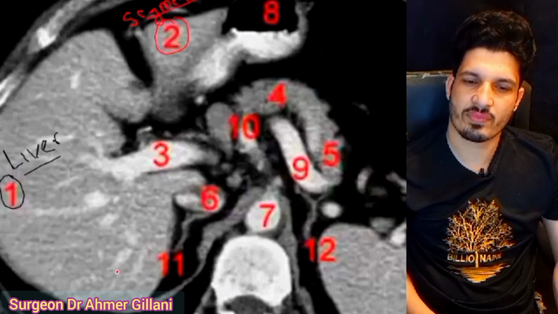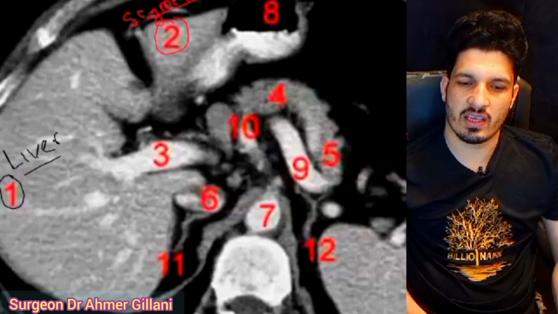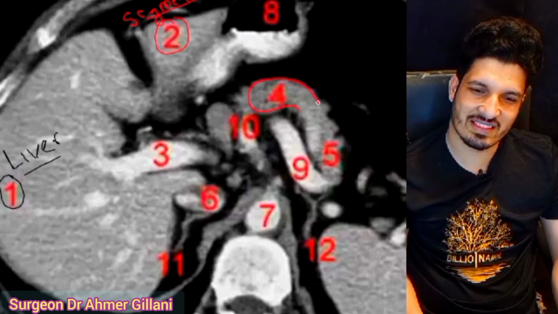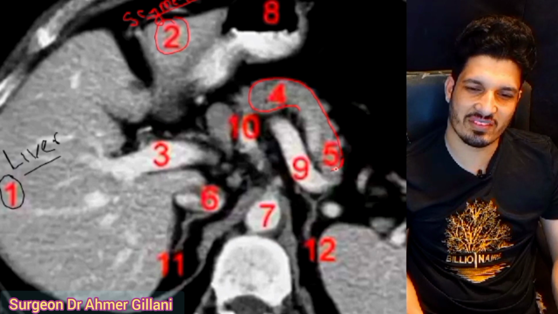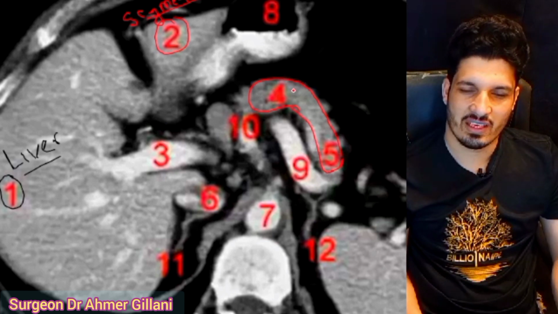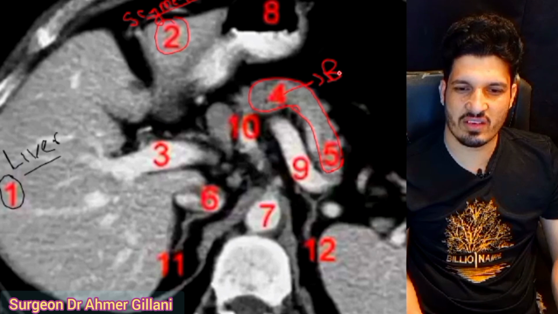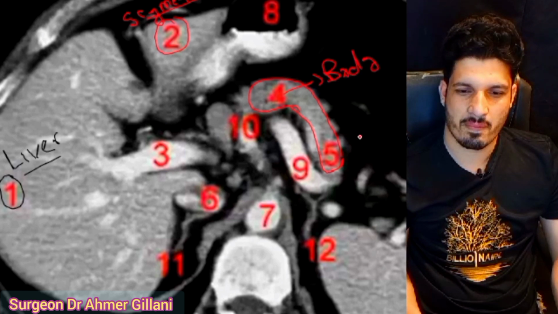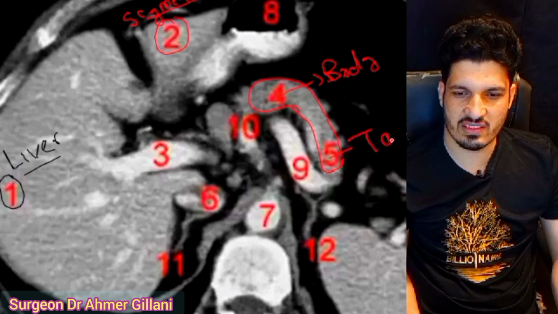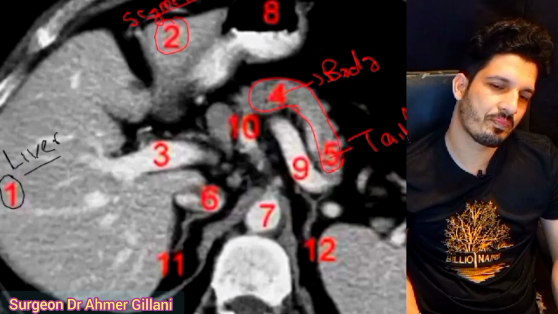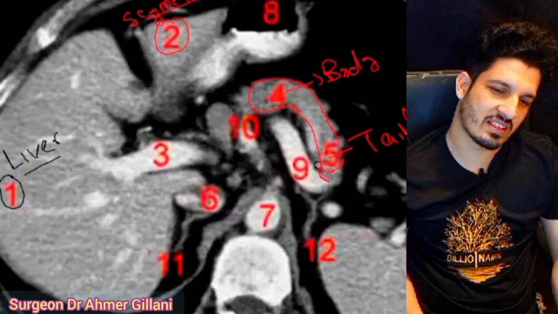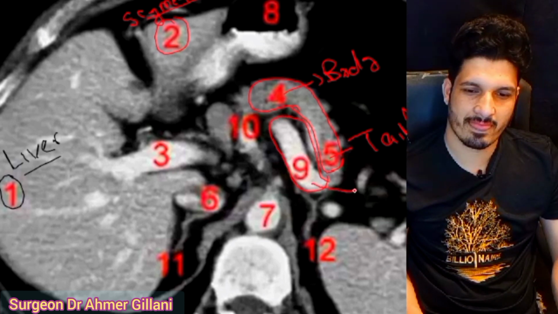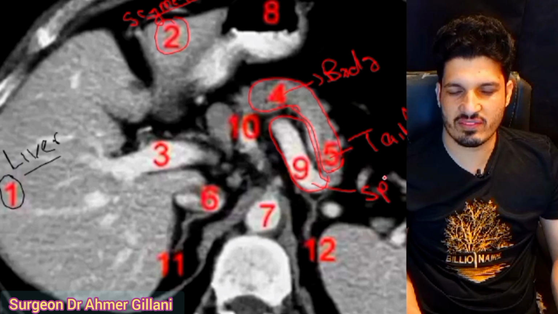Okay, and now the structure number 4, exactly this area is of the pancreas, and 4 is the body of the pancreas, and 5, this is the tail of the pancreas. Okay, and this structure number 9, this is actually the splenic vein.